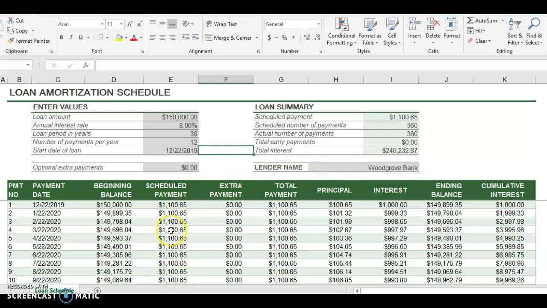And look at what happened to our payment. We went from a $700 payment to an $1,100 payment monthly, which is an enormous difference in your monthly payment to your bank.